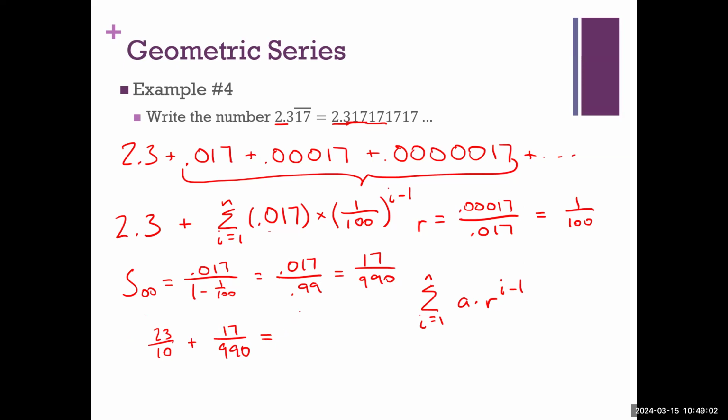I believe this comes out to 2294 over 990. And however that reduces. 1147. Oh, just doubles. Yeah, 1147 over 495. Very obvious fraction, right?